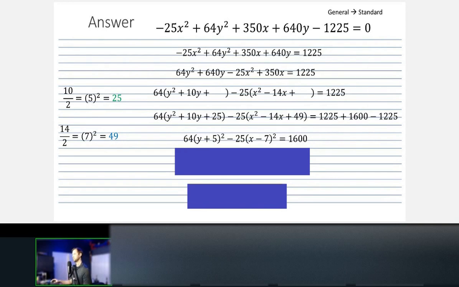And then we factor it. Ooh, I made a mistake. I meant to correct it on this page. All right. So when you complete the square, make sure you take the sign with it. That is a negative 14, not a positive. So that means we should have a negative 7. It's a mistype on my part. No, nobody caught it.